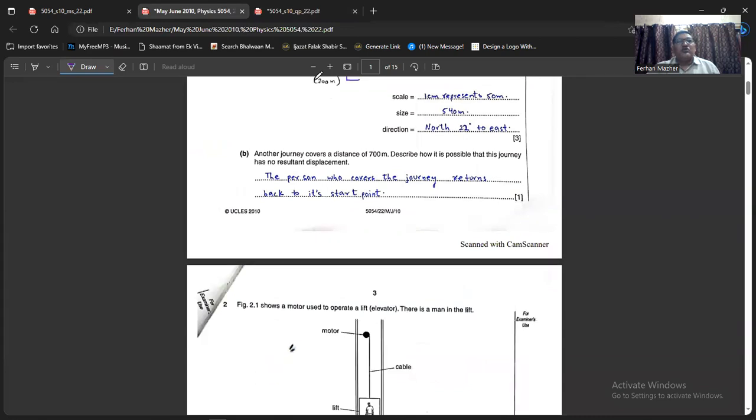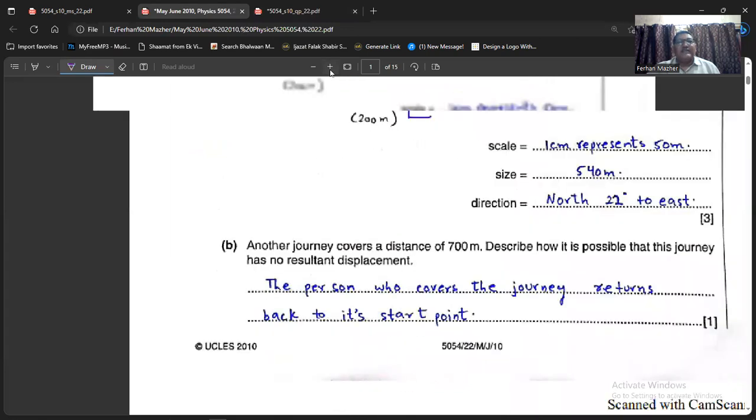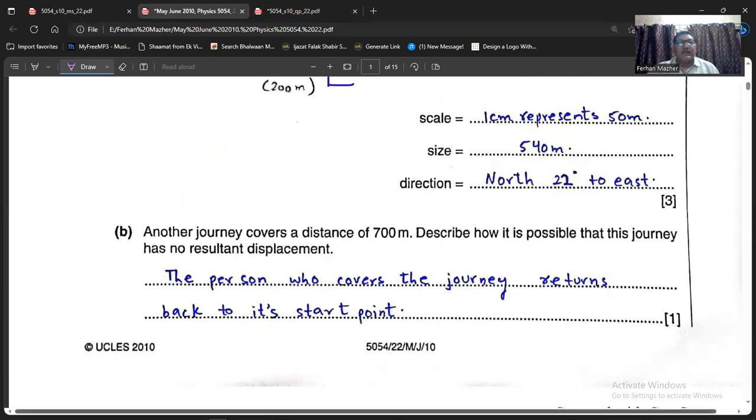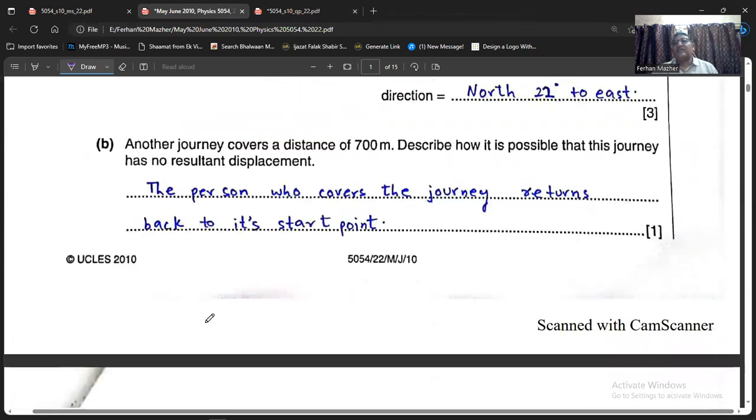Okay, so let me show you the written answer. These answers are written by one of my students. She is studying under my supervision. The person who covers the journey returns back to their start point. So if you come back to where you started, your displacement will be 100% 0.